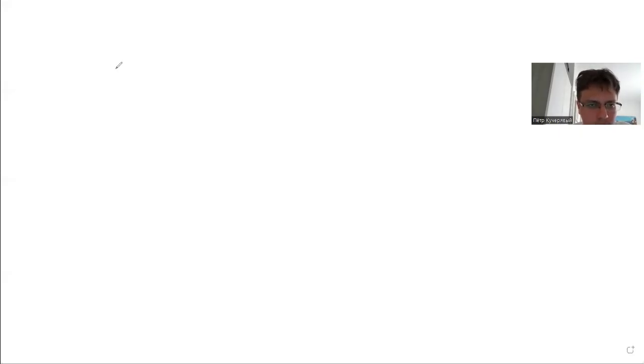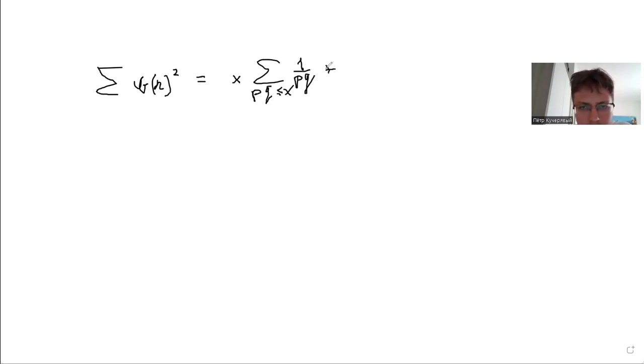We write our sum in such a way. We said that the sum of omega of n squared is the sum over pq less than or equal to x of 1 over pq, plus actually there were some other terms, but you can easily prove that they are of the order of x log x.